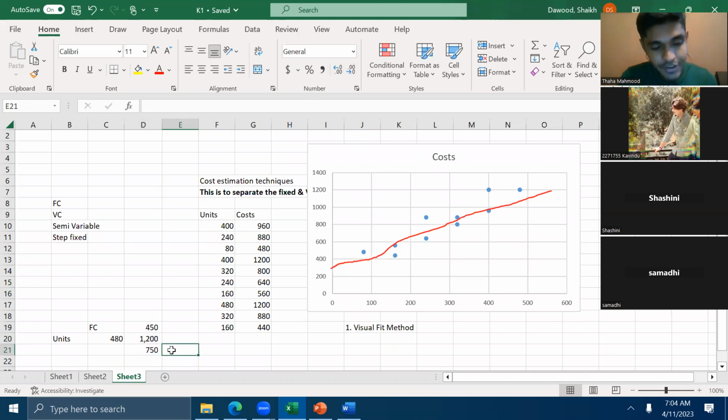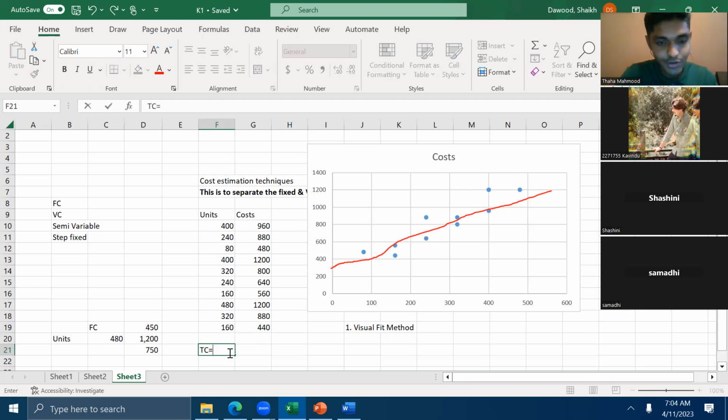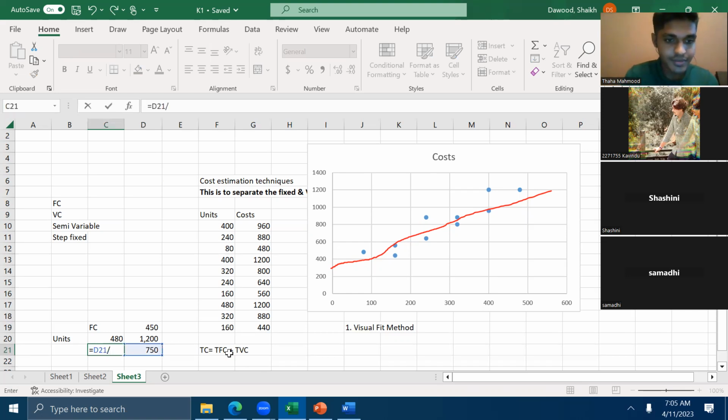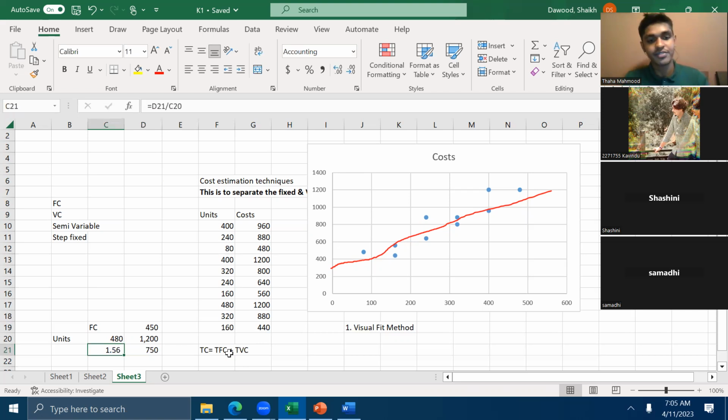Because total cost is equal to total fixed cost plus total variable cost: total cost is 1200, total fixed cost is 450, total variable cost is 750. Therefore, we can determine the variable cost per unit as 1.56. You can feel that it's not 100% accurate, as we are using judgment.